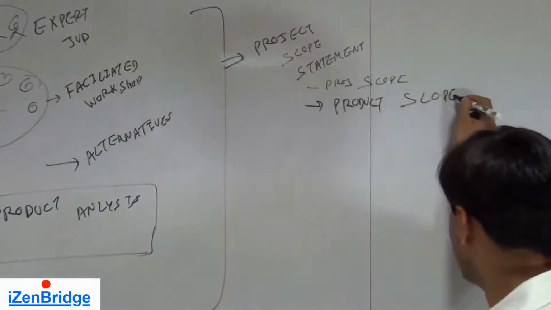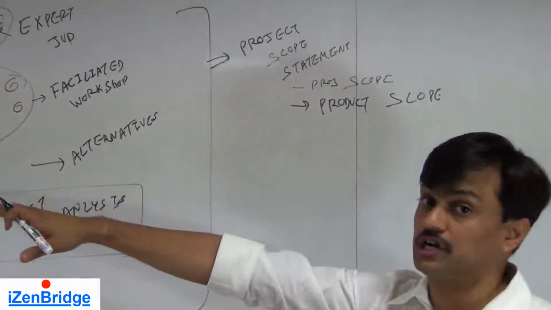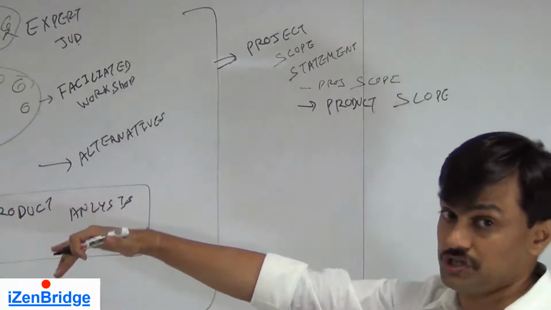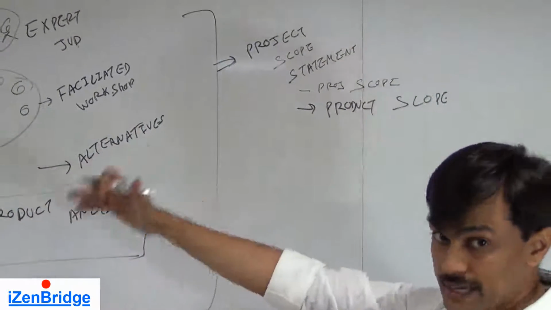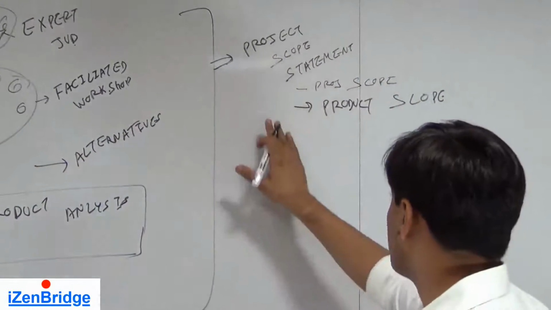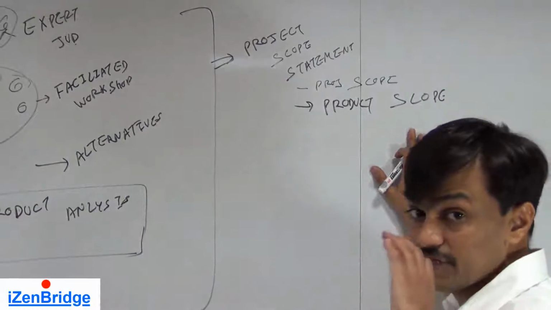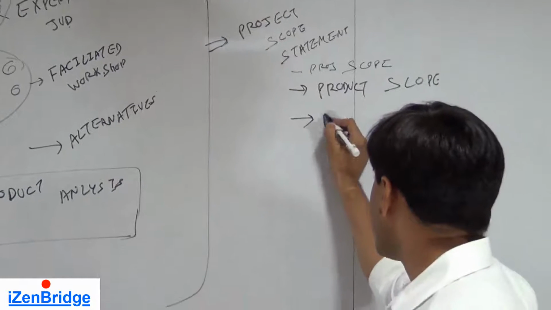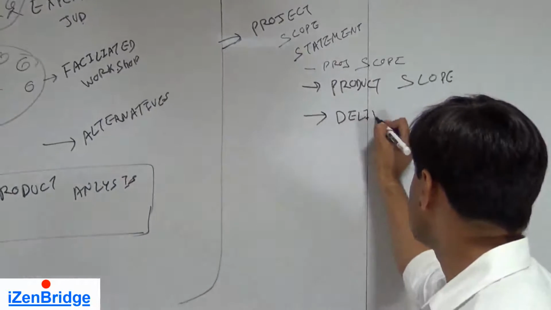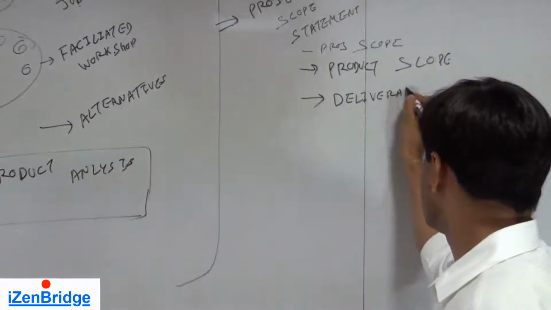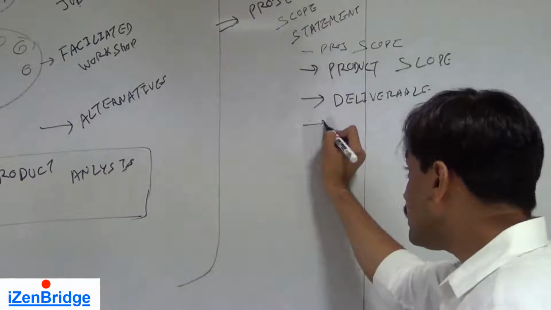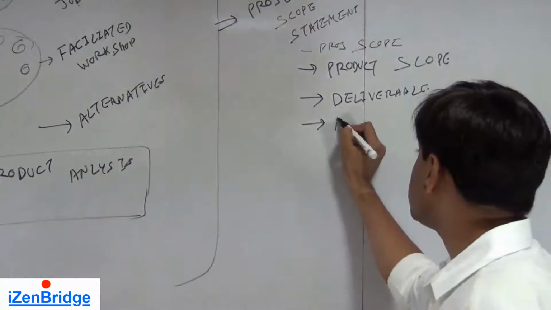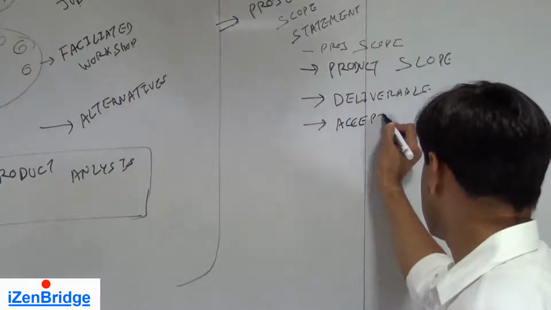Project scope caters to requirements related to the project, like weekly demonstrations and reporting requirements, which fall under project scope. Product scope covers the features and characteristics the end deliverable should have. It may also have a list of deliverables. The deliverables should have acceptance criteria attached.